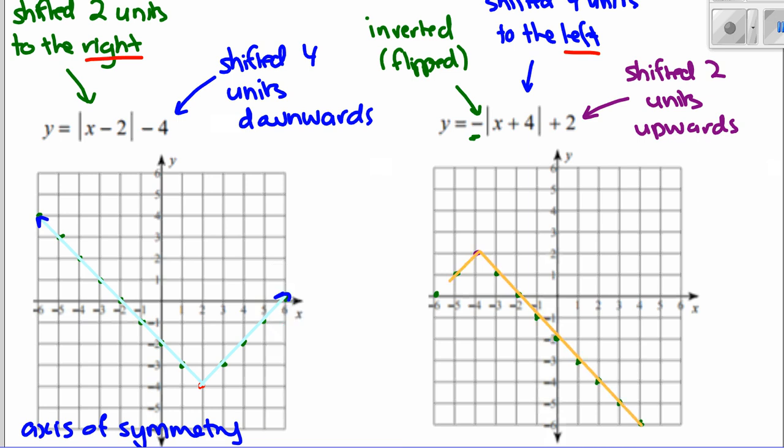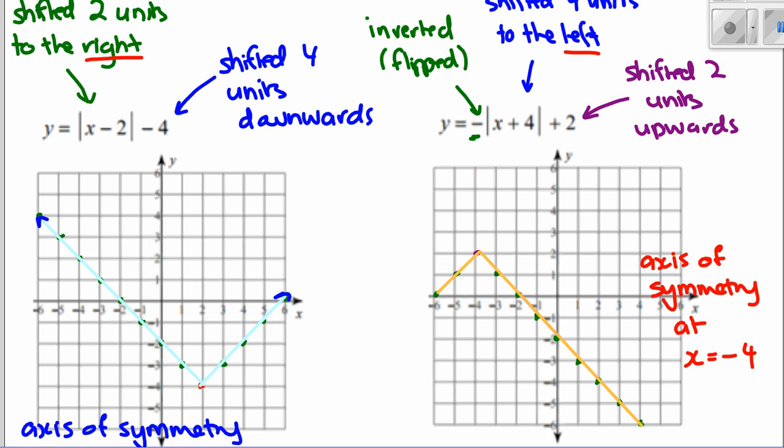Nice. And where's our axis of symmetry? Don't need to write this, but it's just interesting. Axis of symmetry at x equals -4. Notice it kind of goes through there. So axis of symmetry at x equals -4.